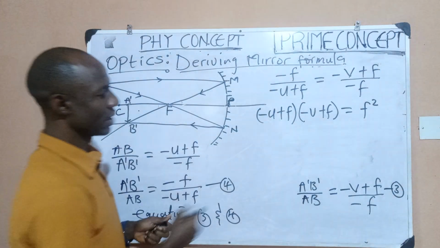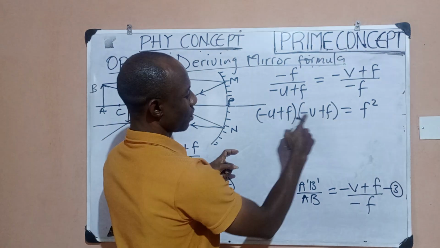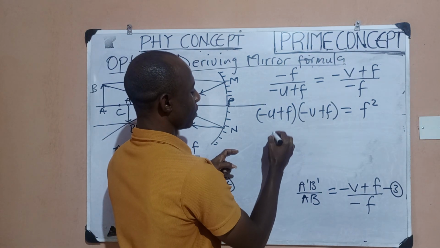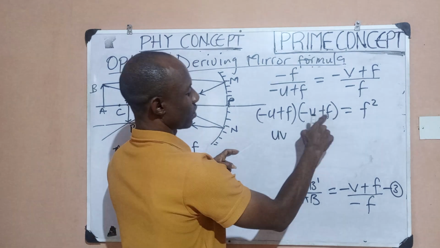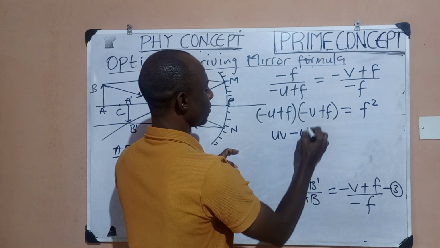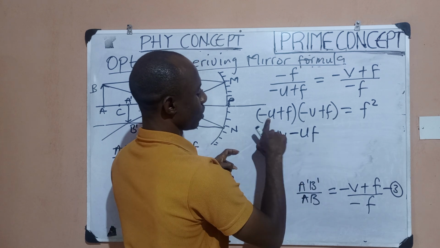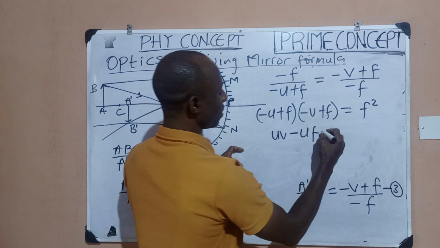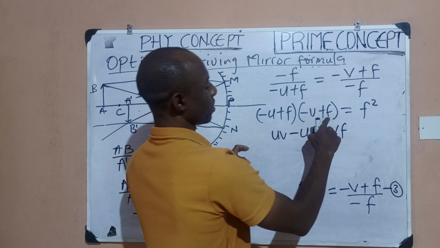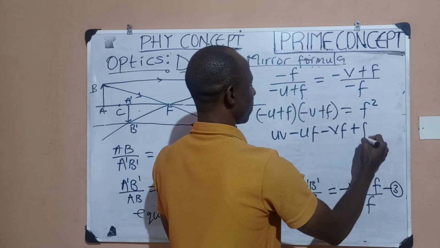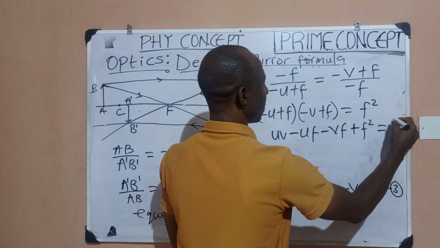So let's expand and see what will happen. This multiply this is going to give us UV, positive, right? Then this multiply this is going to give us negative UF. We're done with this. So this multiply this will give us negative VF. This multiply this will give us plus F squared equals what now?